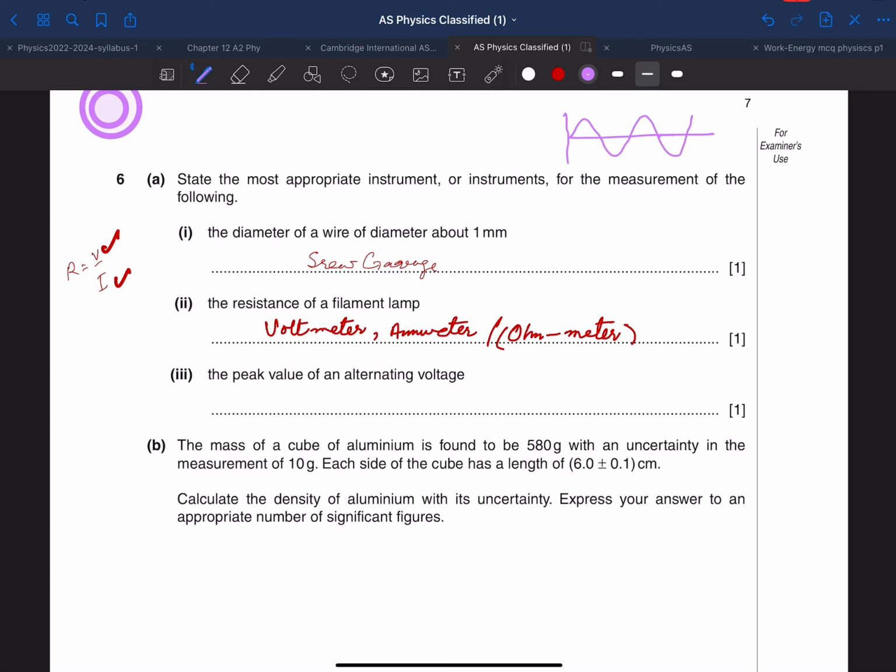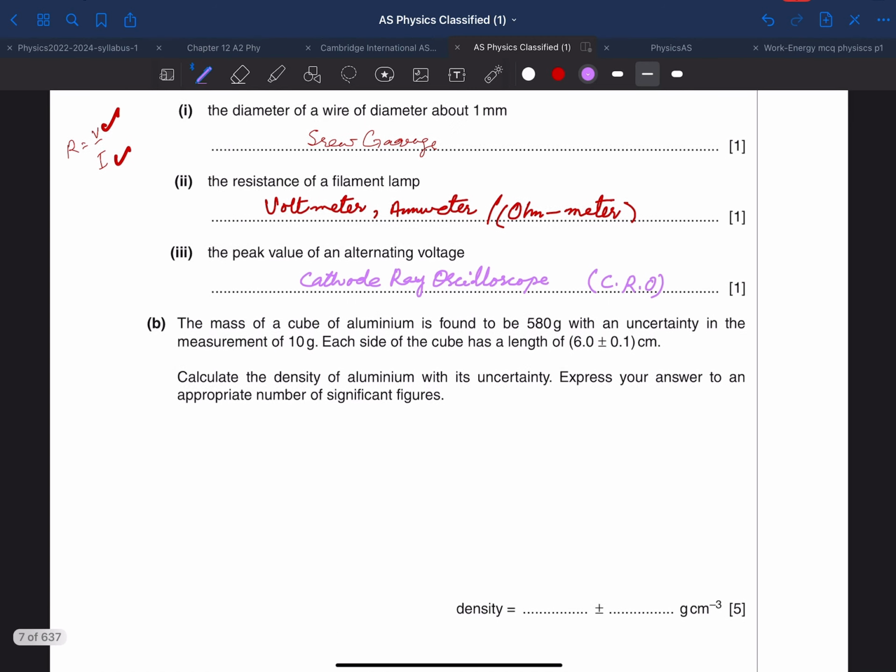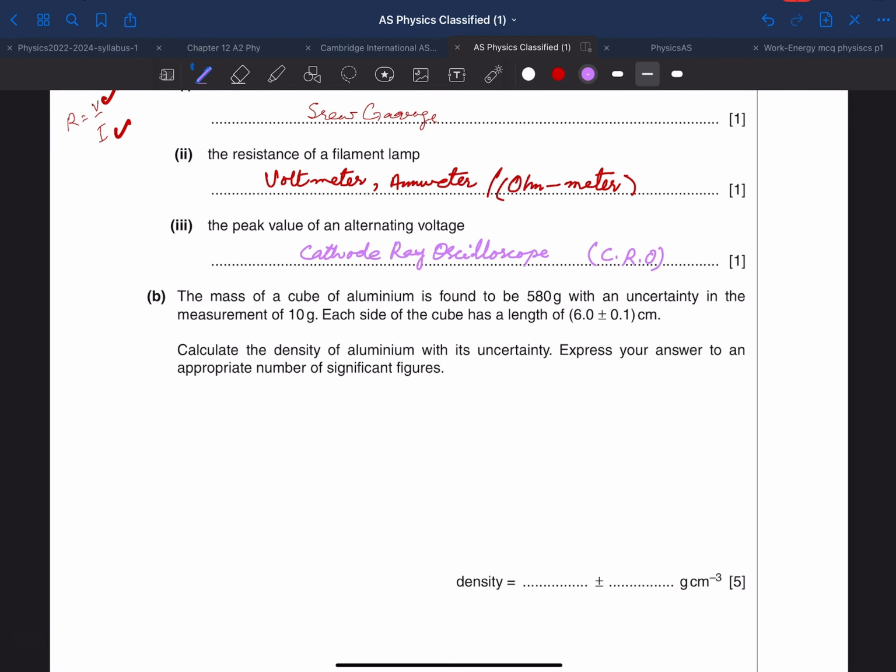And we normally use an instrument, and as I said, we have not discussed this in detail, so I'm just giving you the idea: cathode ray oscilloscope is the instrument here, which is known as CRO. With the help of CRO, you can measure the peak value of the alternating voltage. As I said, for the time being we are not going into the detail of the cathode ray oscilloscope.